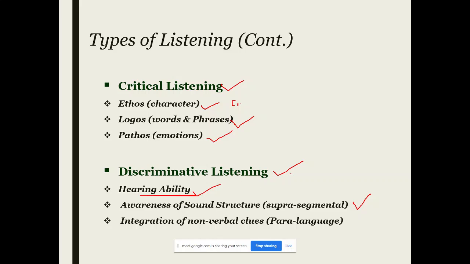The final important skill that is involved in discriminative listening is to know paralanguage, or what is known as non-verbal clues.